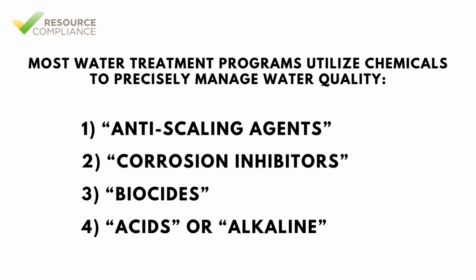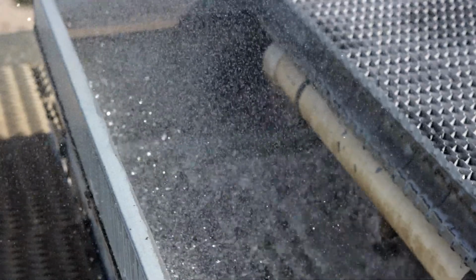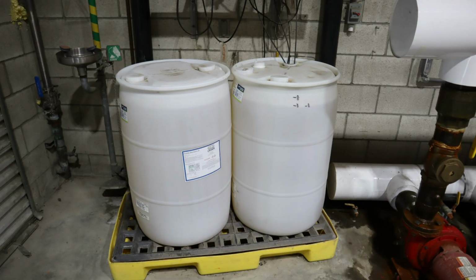Acids or alkaline substances are added to maintain pH within an optimal range, which is usually between 6.5 and 9, to balance corrosion and scaling risks. Passivation is a specialized chemical treatment process used to form a protective passive oxide layer on galvanized steel surfaces. New condensers constructed of galvanized steel must be passivated before being placed in full operation.